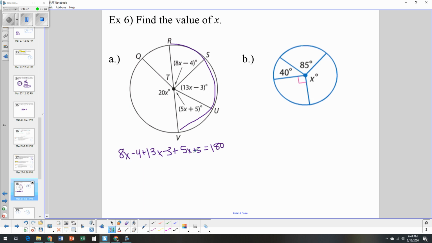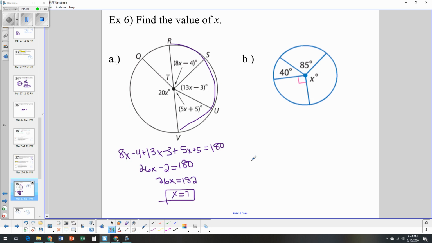So if I combine my like terms, I end up with 26x minus 2 is equal to 180. So 26x equals 182. And when I divide that, I get x is 7.